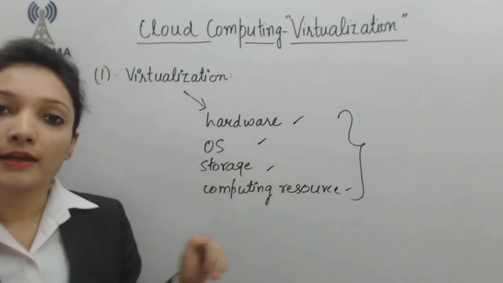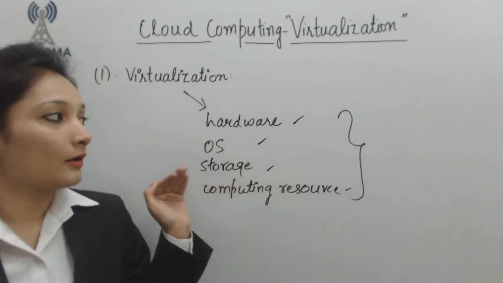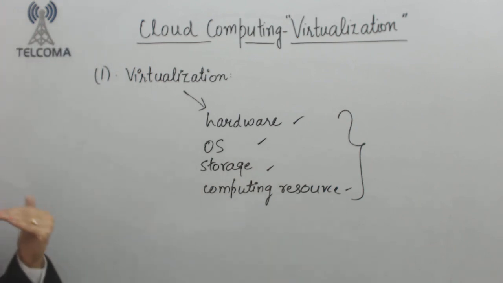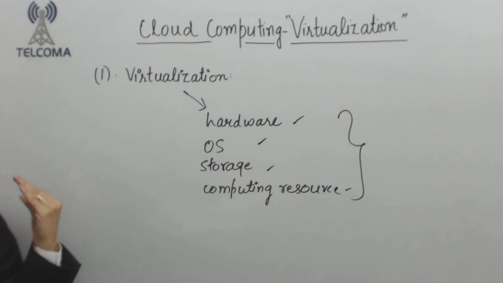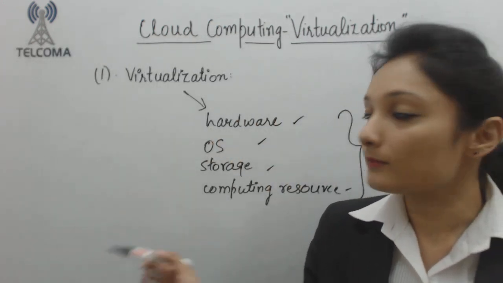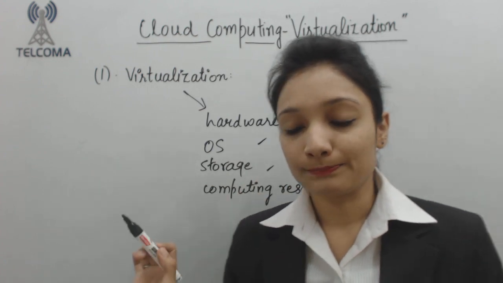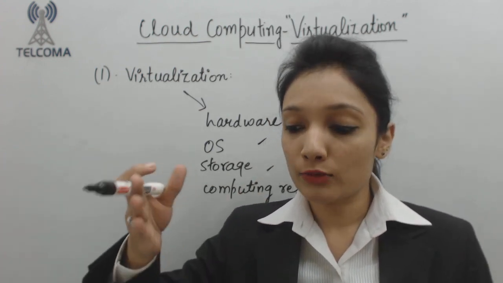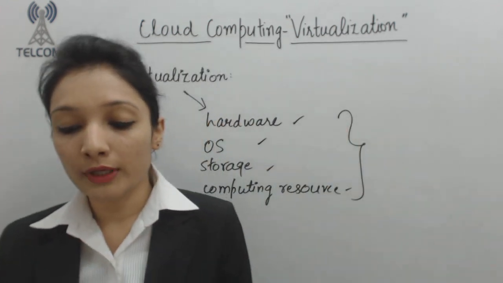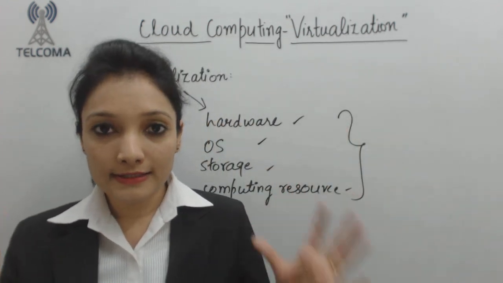That means we can create multiple virtual instances and then they can be shared among multiple tenants. So we can say that it is a technology to run multiple same or different operating systems or resources which will be completely isolated from each other. It's simply like you are running both Windows and Linux on the same system.